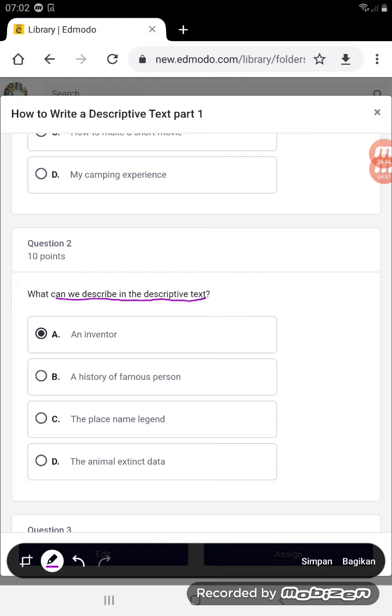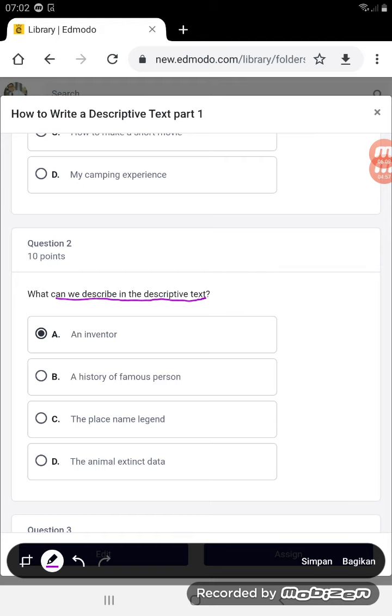And how about nature? Some of you answered nature. It is probably correct, but in general there are four items that can be described in descriptive text: a person, an animal, a thing, and a place. Now look at the answer here.